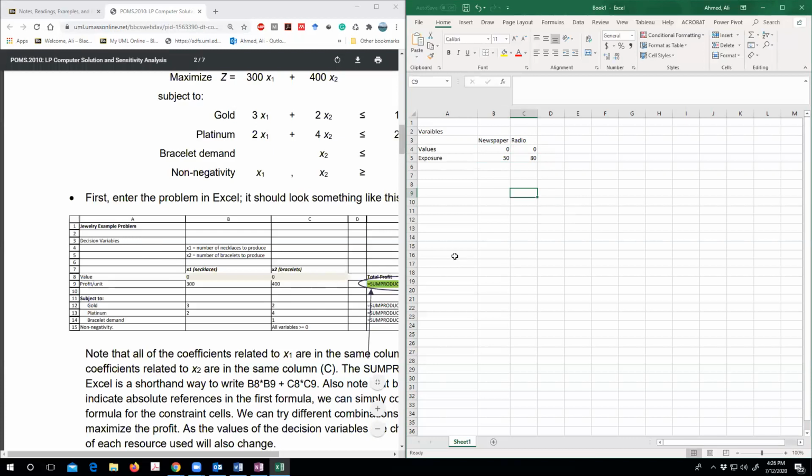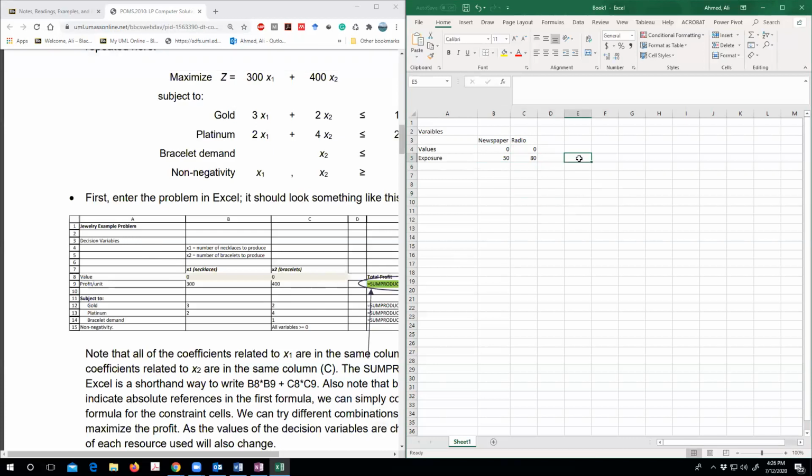Then our total profit or total exposure in the end would be based on the product of this array, changing these two values and multiplying these together with these two. So this is our objective function.